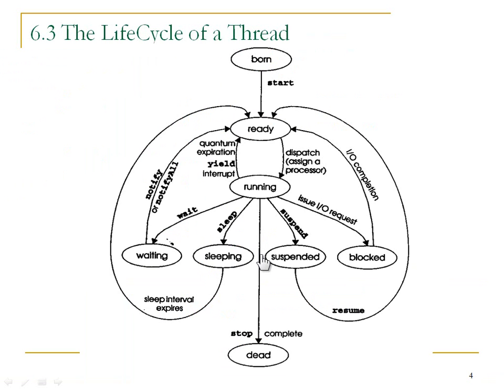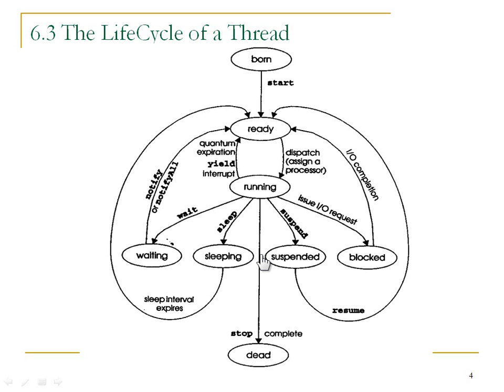So in the lifecycle diagram, a thread that is in the running state, if it executes the yield method, this is kind of a funny way of putting it, a quantum expiration, it means that the smallest possible amount of time will put it into the ready state. And that means that other threads that are ready could then get the processor.